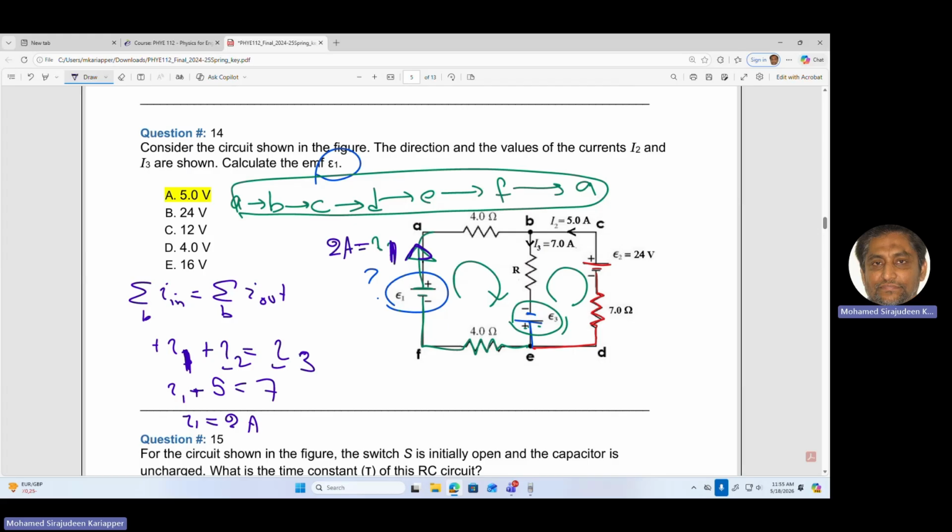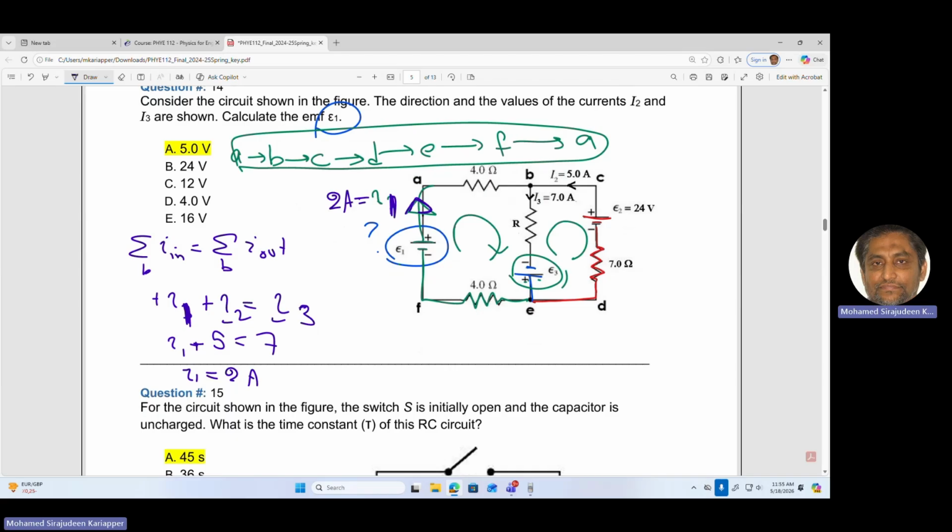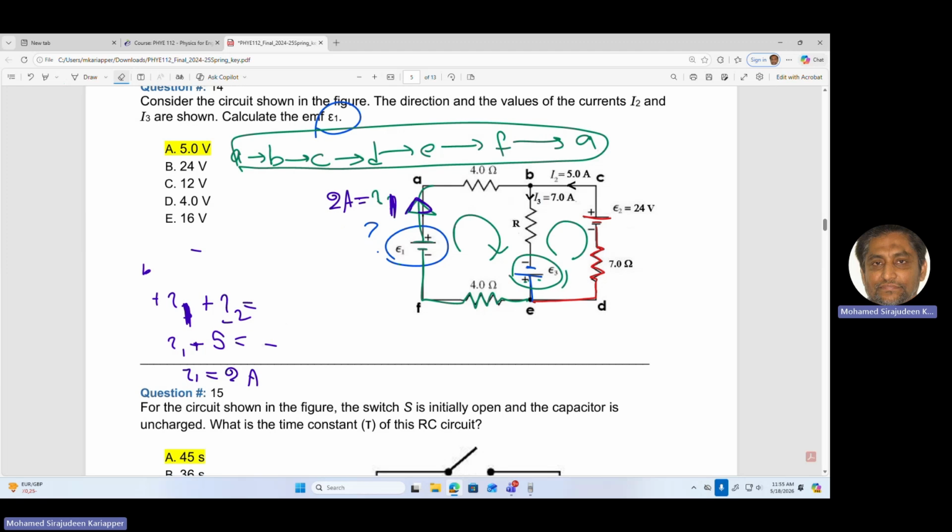Next step is to apply the loop rule. What is the loop rule?